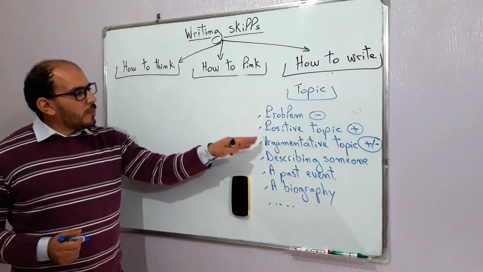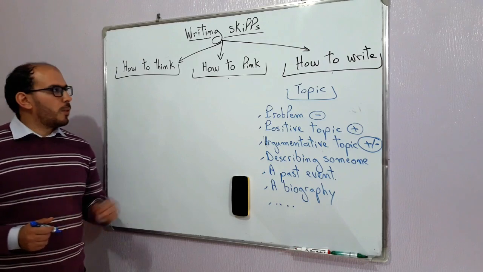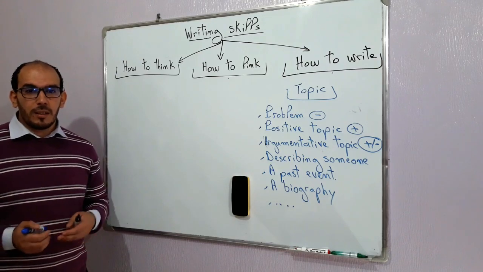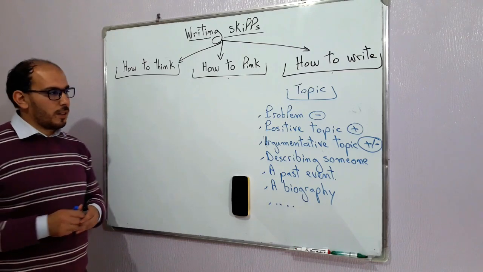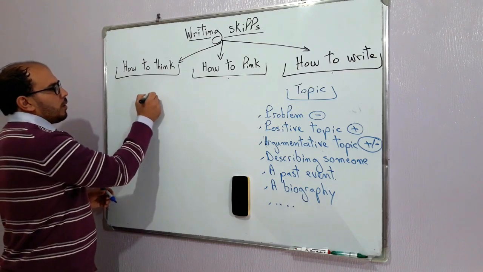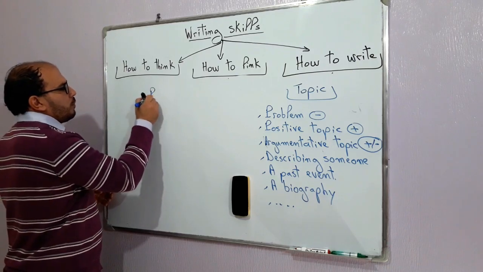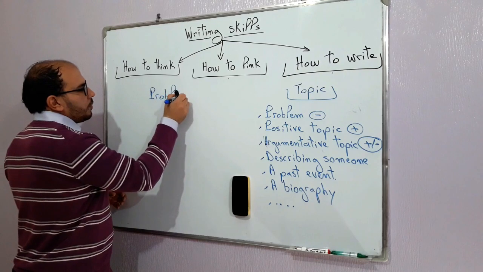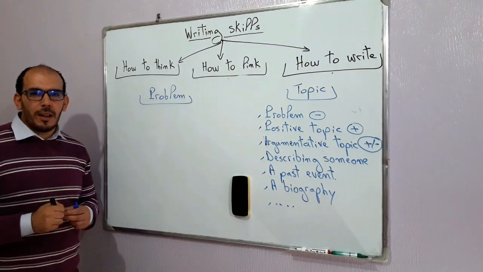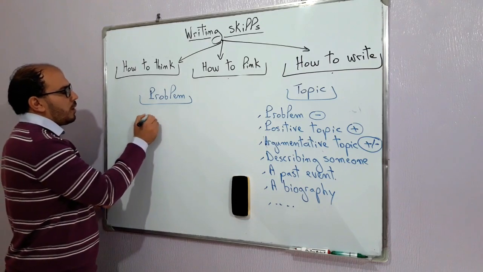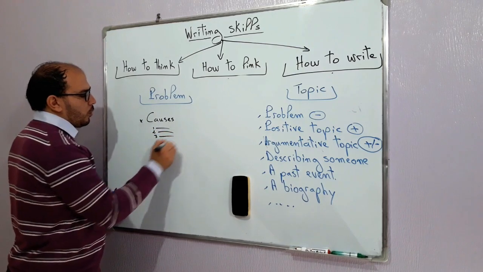And of course, every kind of these topics has specific required information or ideas that you have to shed the light on, and you have to mention in your writing. So for example, when I have a problem, there are three things that I have to mention in my writing. The first one is causes, and I have to give three causes.